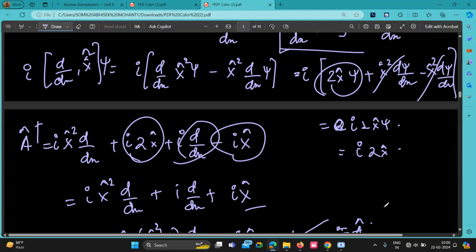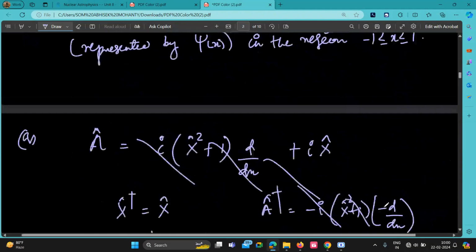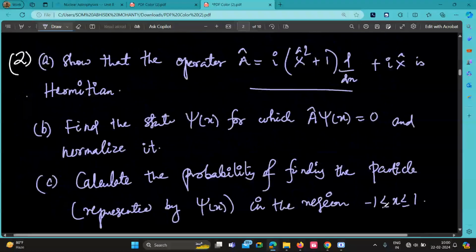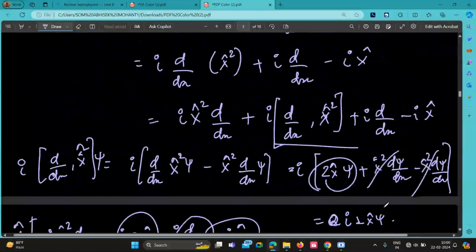Okay, next, what was the next option? Like second bit in this question. Find the state psi x for which A psi x is equal to 0 and normalize. Find the state psi x for which A psi x is equal to 0. Okay, and that means what? We have been given A actually.